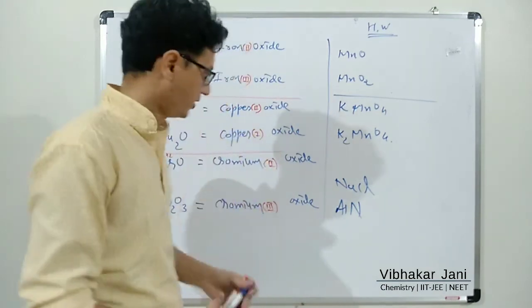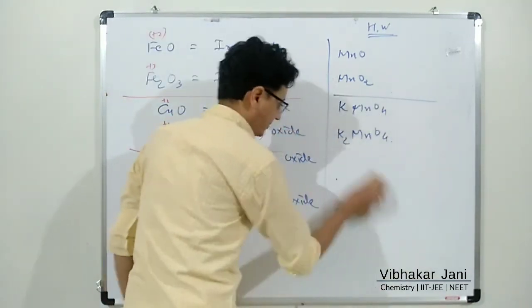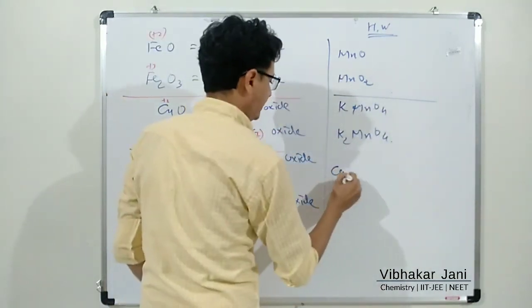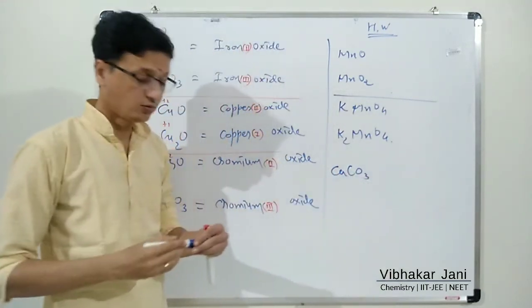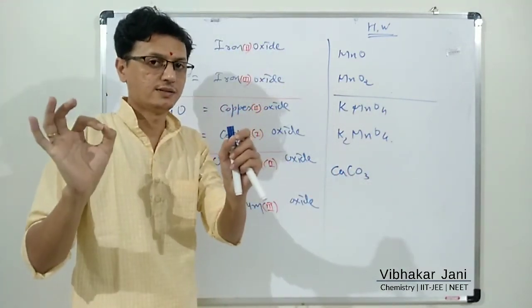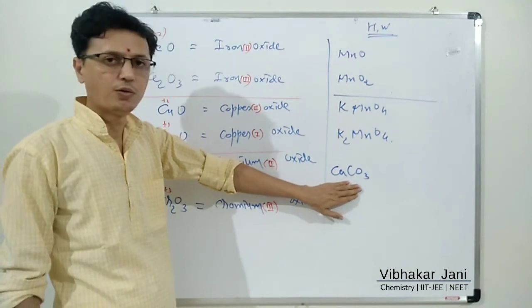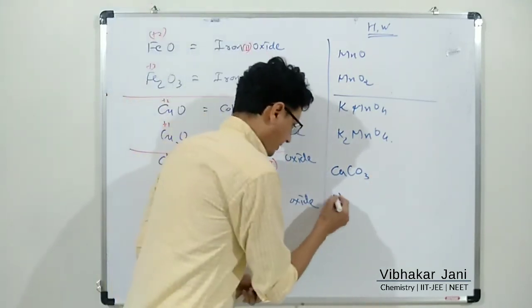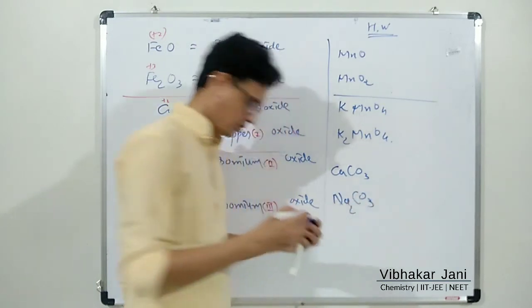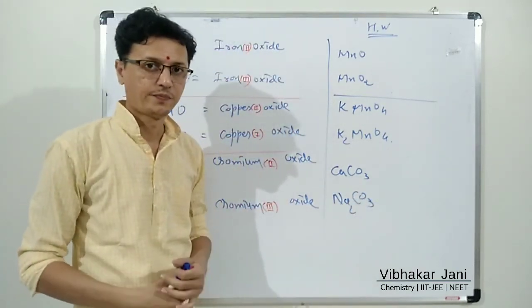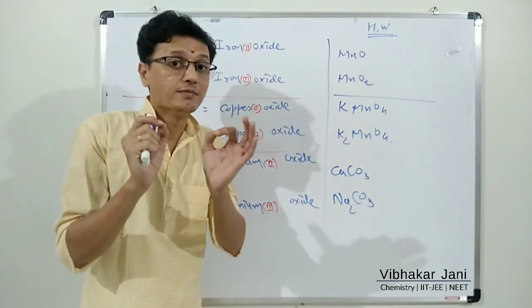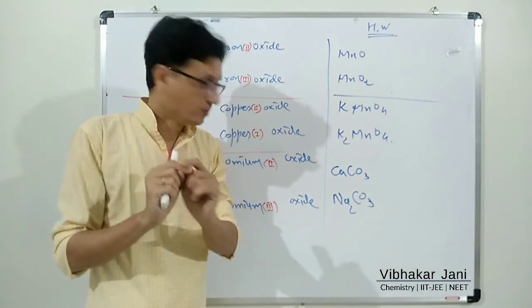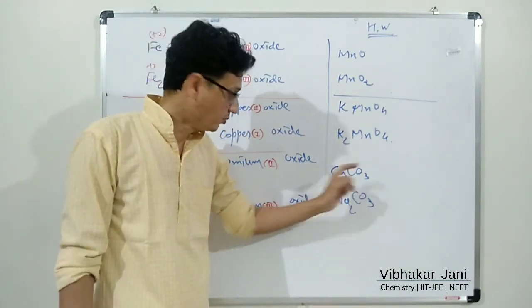This is also familiar to you. CaCO3. Now, every student is familiar with this compound. This is calcium carbonate, or Na2CO3. This is sodium carbonate. Now, just observe the name which I have spoken right now. Calcium carbonate.